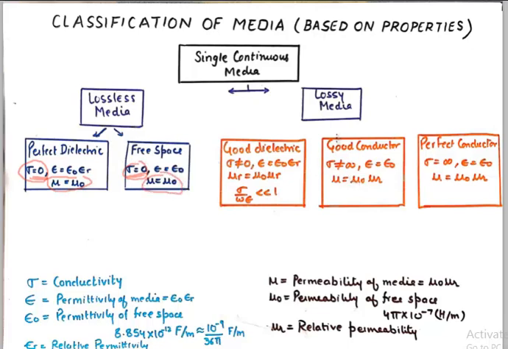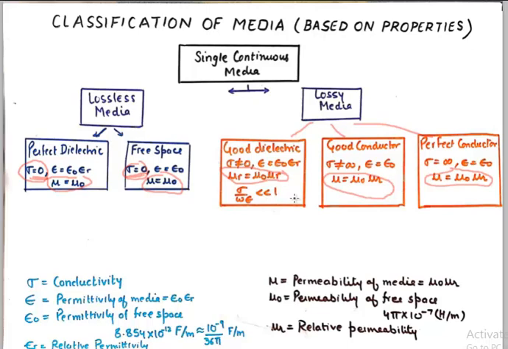When we consider lossy media, we encounter three different things now: good dielectric, good conductor, and perfect conductor. Out of these three, the only common thing is mu. In all three cases, mu will be mu naught into mu r. So that's one key point you need to commit to memory: for a lossy media, the permeability will not be that of free space.